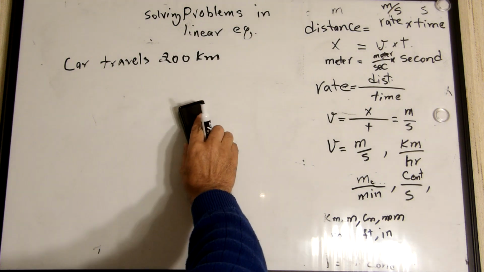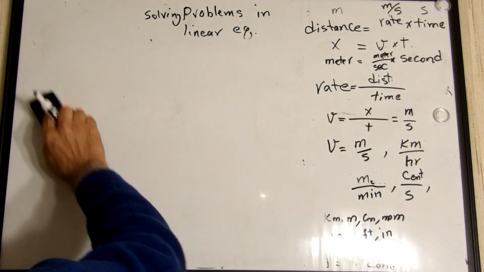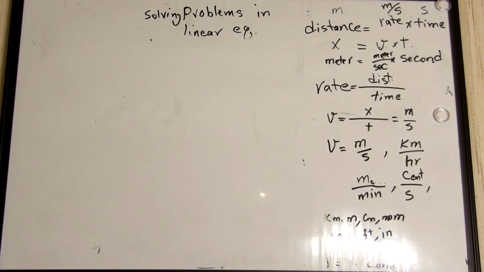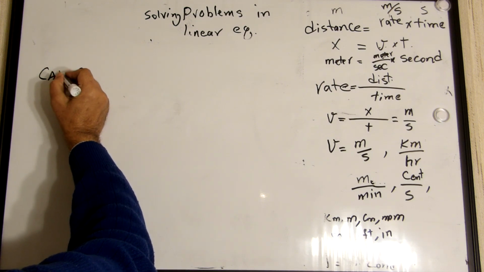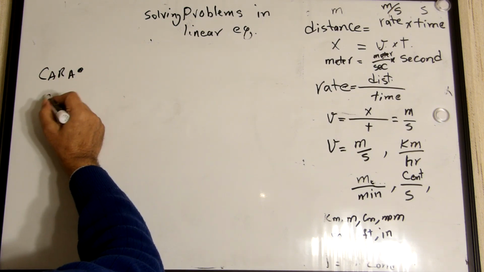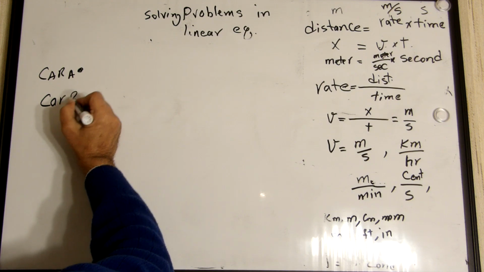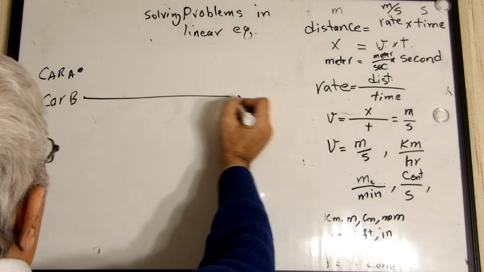Let's talk about something more complicated. See, there are two cars, car A and car B. They start from here and go to somewhere.